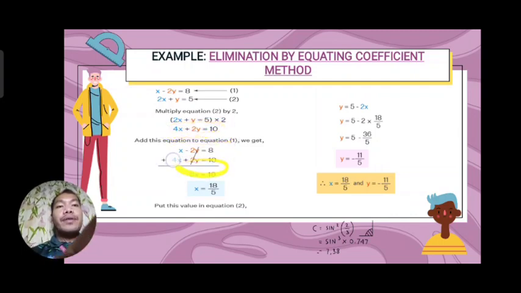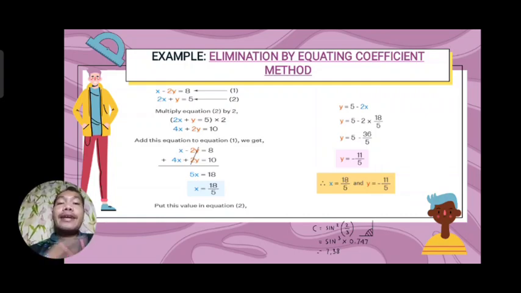Then in step 2, you have to eliminate the value. Since negative 2y plus 2y is equal to 0, you eliminate it. The remaining will be 4x plus x is equal to 5x, and 8 plus 10 is equal to 18.